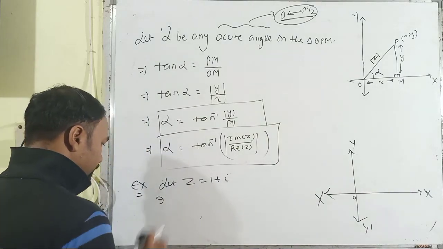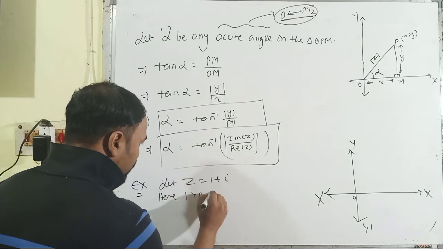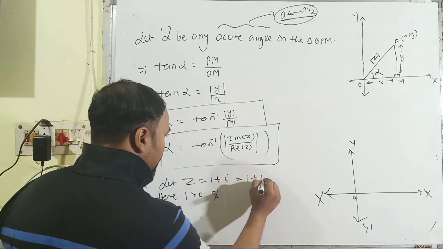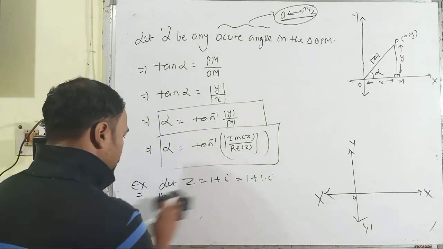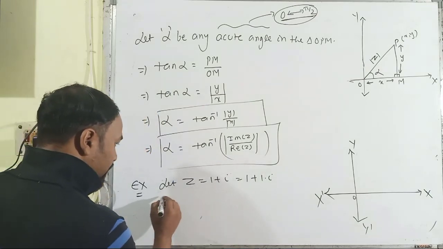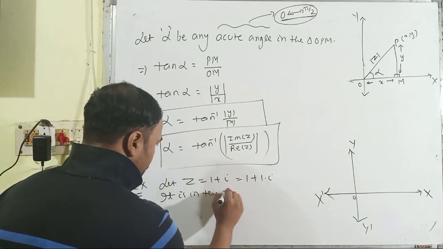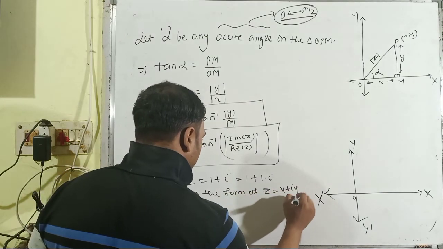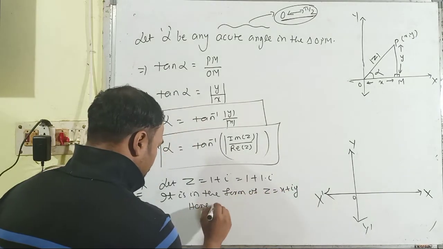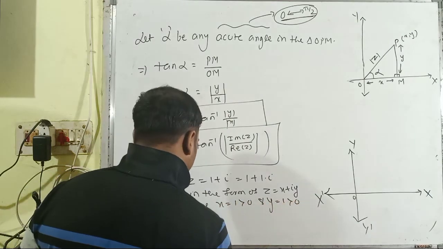Here z is in the form z is equal to x plus iy. Here x is equal to 1, greater than 0, and y is equal to 1, also greater than 0.